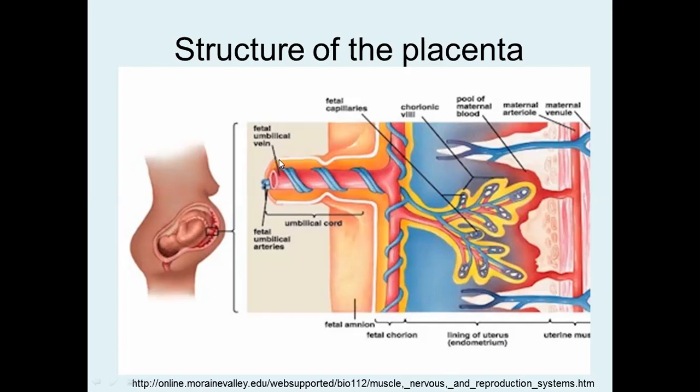So when the placenta develops in the endometrium, it has got a number of chorionic villi. In other words, where it embeds into the endometrium, it embeds with many, many little finger-like projections called chorionic villi.